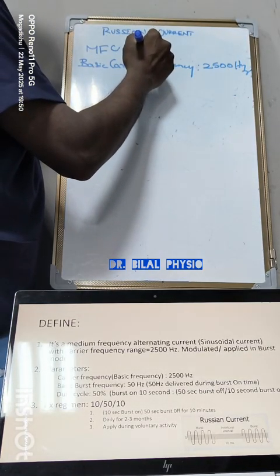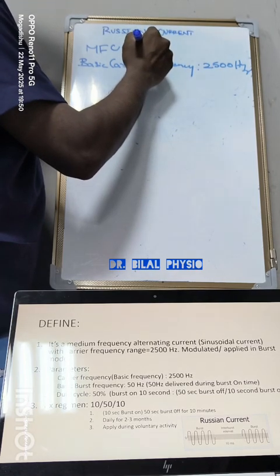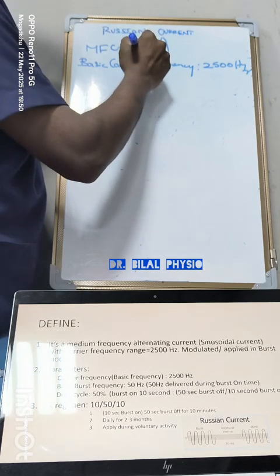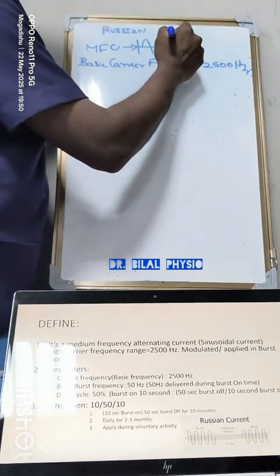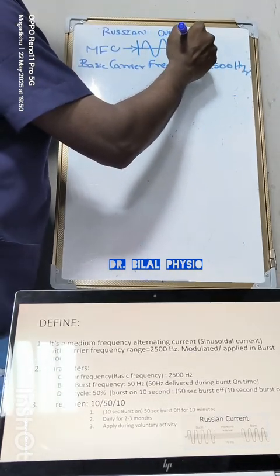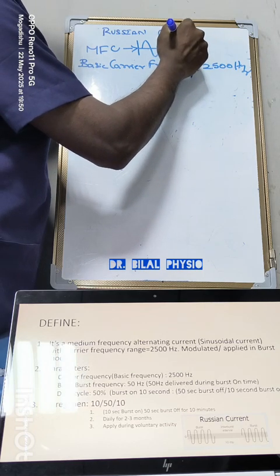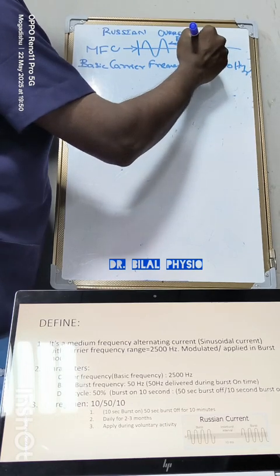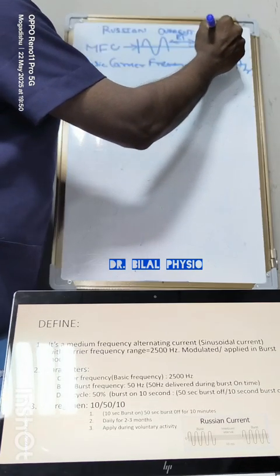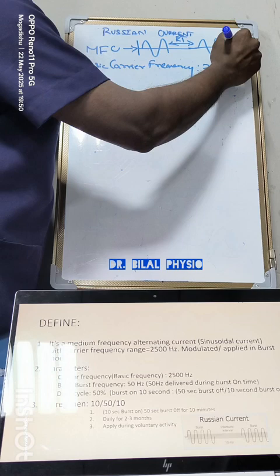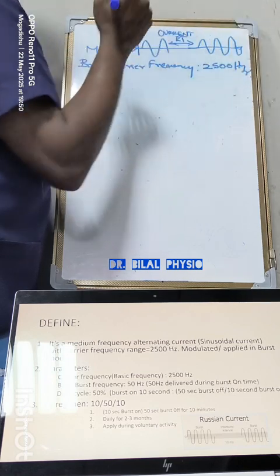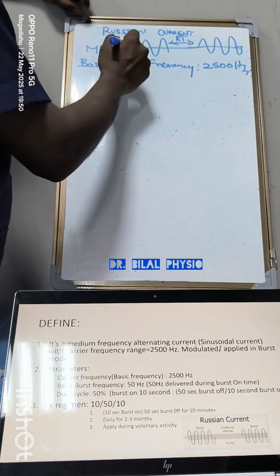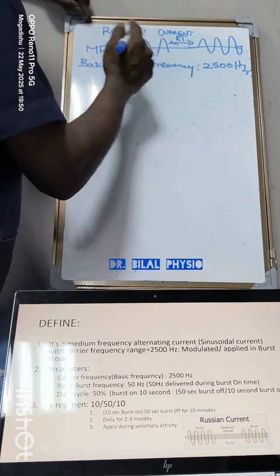It is a medium frequency sinusoidal current, which means it has both a sine wave and a cos wave, applied with an interburst interval in burst mode. There is a rest time, the burst off time, again followed by the burst on time, which is again a sinusoidal waveform. So it is a medium frequency current with a sinusoidal waveform.